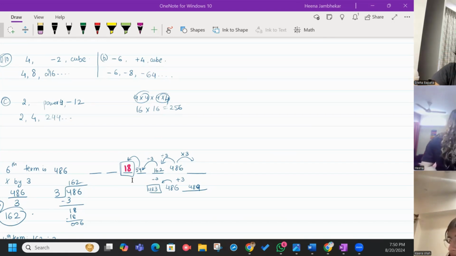Power 4 meaning? Raise to 4. So if I do raise to 4, how will you do it? Then subtract 12. You multiply the same number how many times? 4 times.